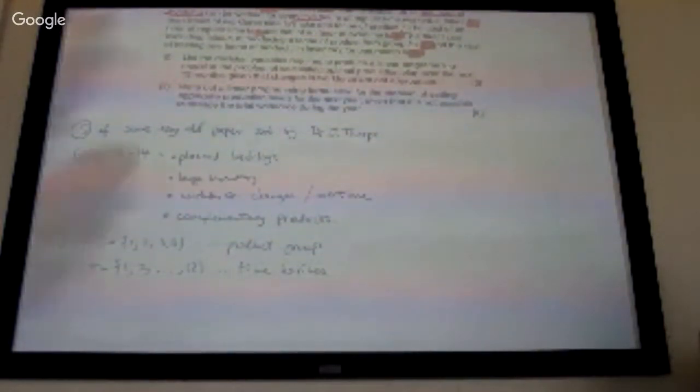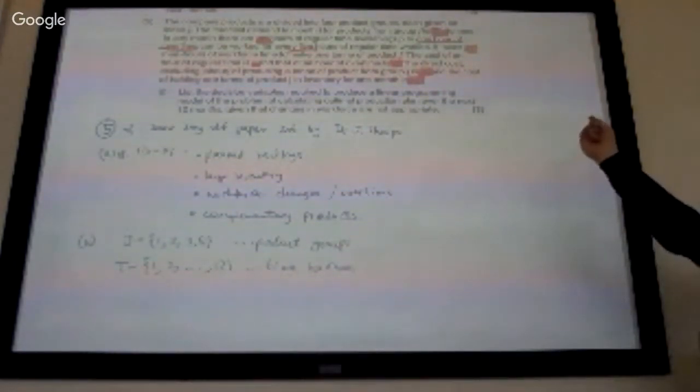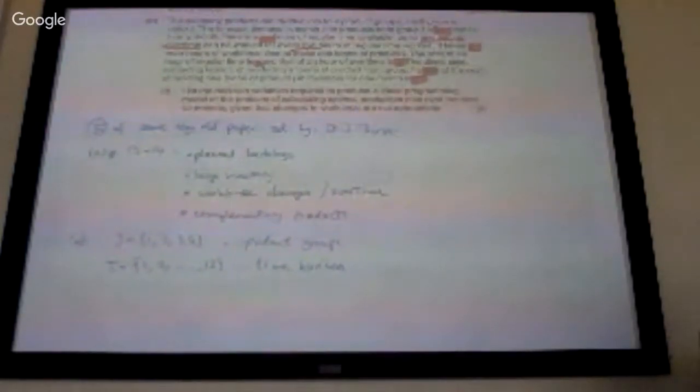Every letter or symbol which is defined in the text of the question, you don't have to repeat in the answer if you don't want to. You can, if you want to make it clear for yourself that you're using these letters, then you can list them. But if it's stated something like QJT in the text, you can just use QJT, and you don't have to repeat words.